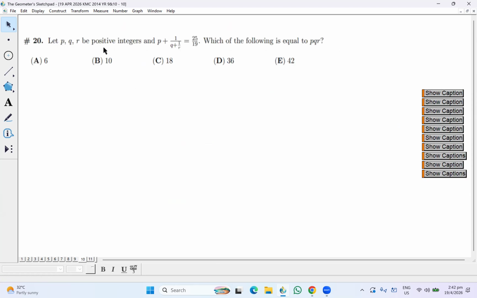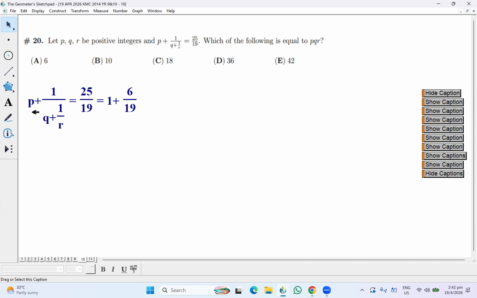Let P, Q, R be positive integers and P plus 1 over Q plus 1 over R equal 25 over 19. Which of the following is equal to PQR? So we should work on the number on the right rather than the left side. 25 over 19 is 1 plus 6 over 19.